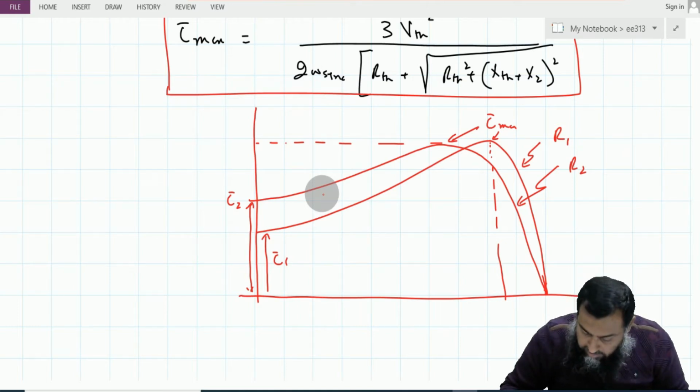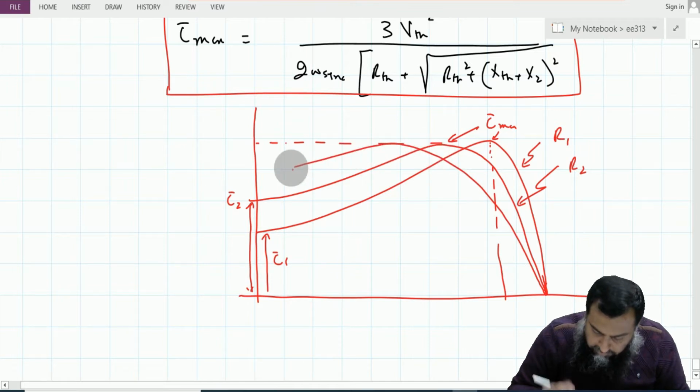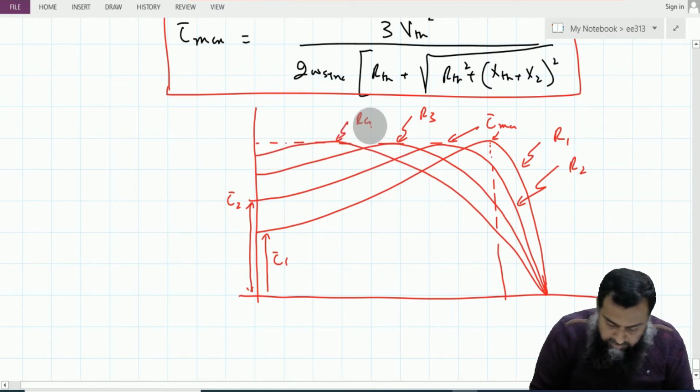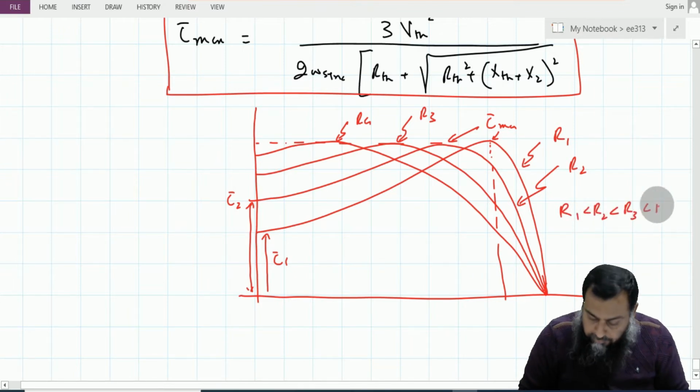Similarly, if we further increase this R2, then it becomes like this one. This is R3, and this one is R4, and for all the resistances here, R1 is less than R2, is less than R3, is less than R4.